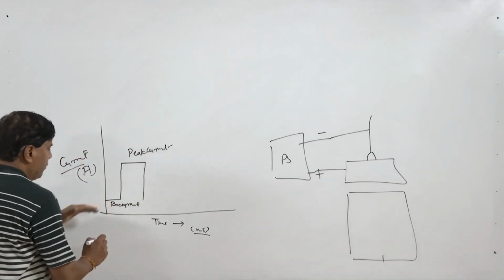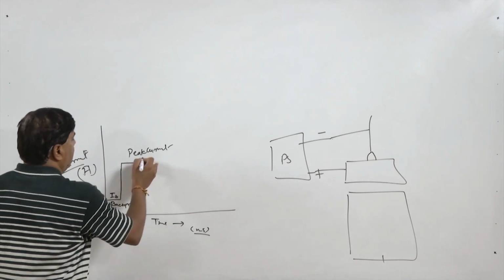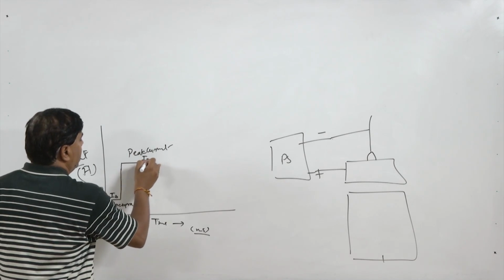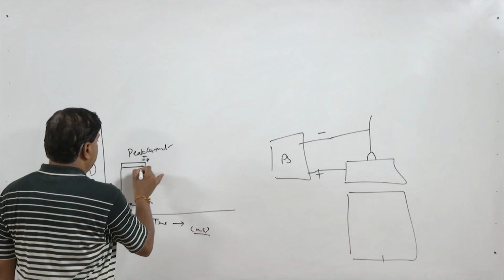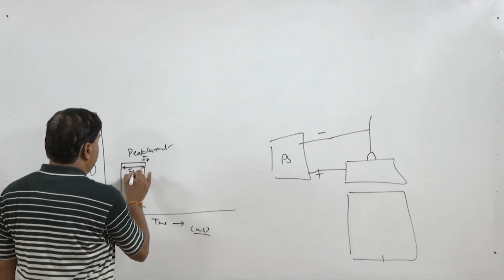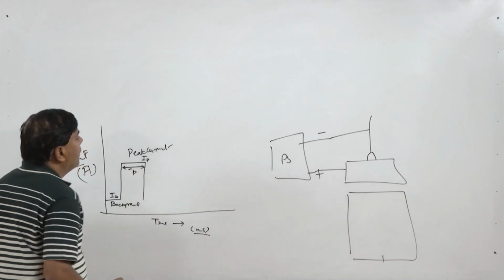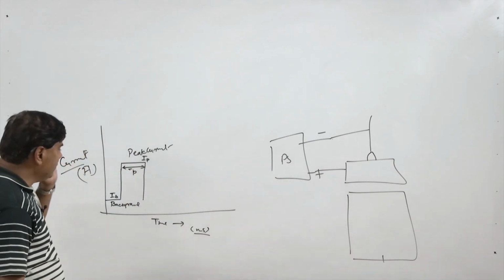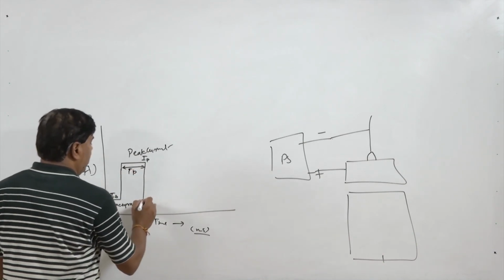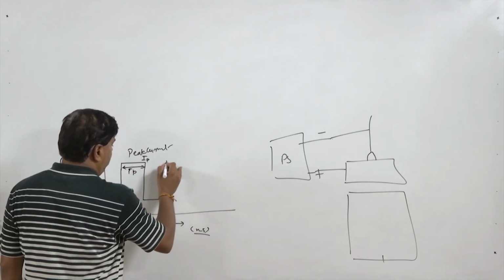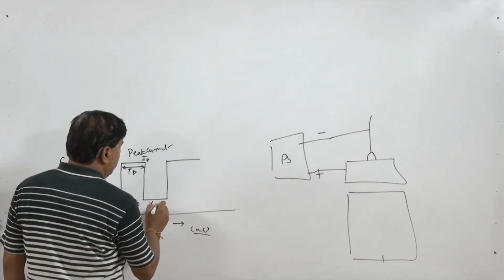The low level of the current is called IB, and the high level current is called IP, that is the peak current, and the corresponding durations are also defined: TP is the duration for which the peak current exists, and the duration for which the background current exists is defined as TB.